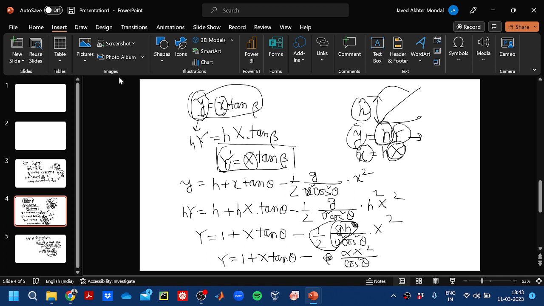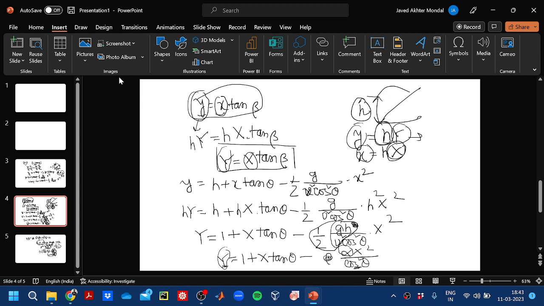From dimensional analysis, you can see that the dimension of this and the dimension of this have to be the same. Since this is a dimensionless number, this alpha also has to be a dimensionless number. You can check that g h by v square is a dimensionless number.